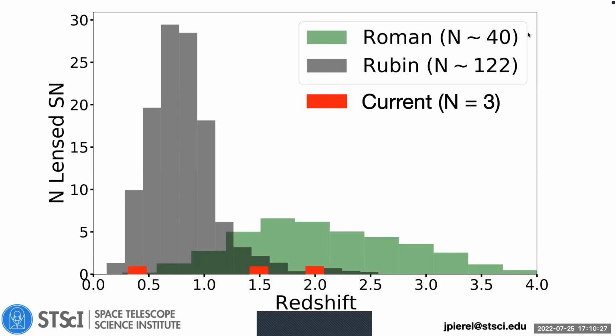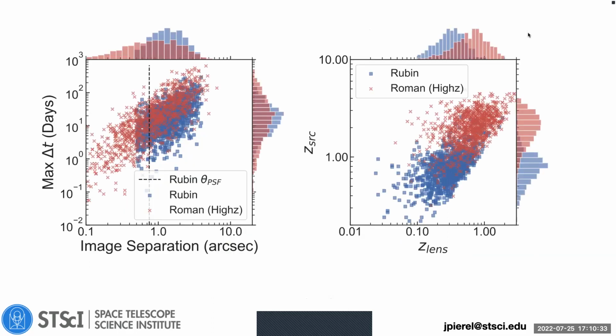And in the high end of the Rubin redshift range, I'm going to zoom in on this. So on the left here, first of all, you can imagine this is image separation with the Rubin PSF in a dashed line. And again, the blue is from Oguri-Marshall 2010, not the updated sample. And they cut it off here at some fraction below the PSF limit.